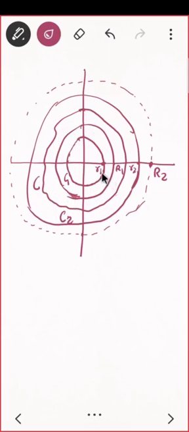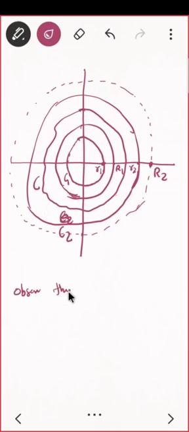So the three things you need to remember: C2 is here, then my contour, then there will be C1, and there are four radii, R1, small r1, capital R1, small r2, capital R2, like this. There are four things. Okay, and we observe that we have been given f is analytic.